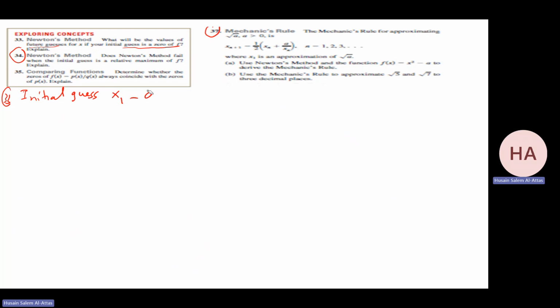The initial guess, call it x1, and I know initial guess is 0 of f of x. I have f of x1 equals 0. Right away, what will be x2? That will be x1. So what will be my future iterations? It will be the same. Always I'm getting x1.